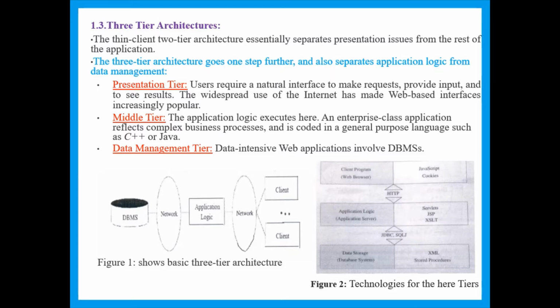In the data management tier, there are data-intensive web applications involving a DBMS. Different technologies have been developed to enable distribution of the three tiers of an application across multiple hardware platforms and different physical sites.